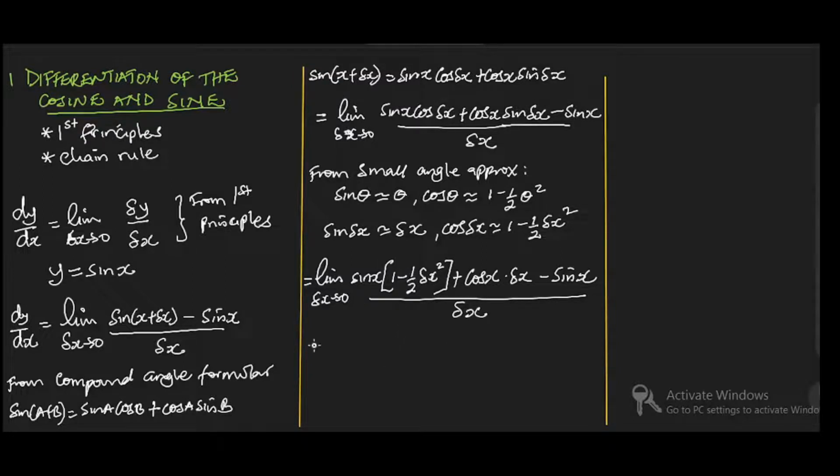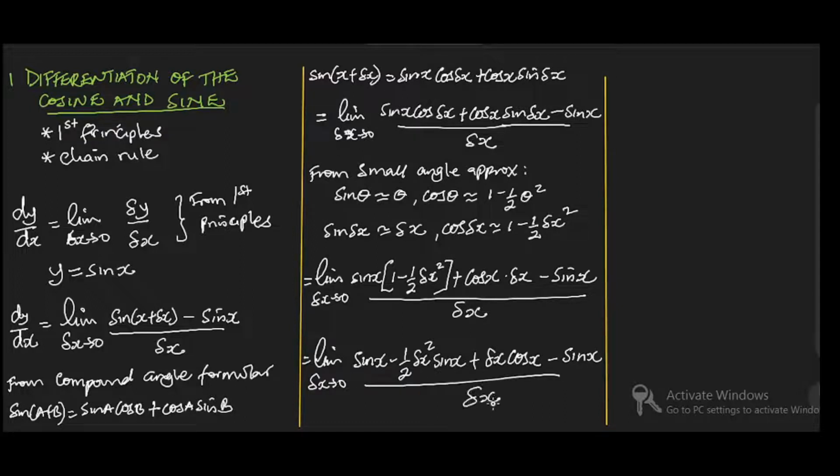So we open up our brackets here. When we open up our brackets, we shall have the limit as the small change in x tends towards 0. When you open sine x times 1, we shall have sine x minus a half small change in x squared sine x, plus small change in x cos x, minus our sine x, and all this will be out of our small change in x.